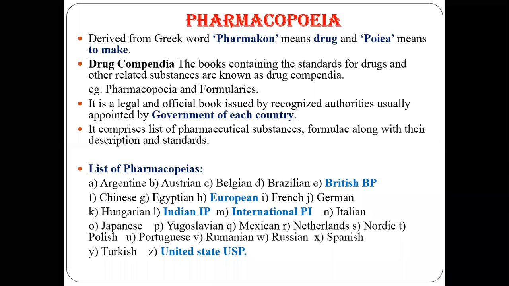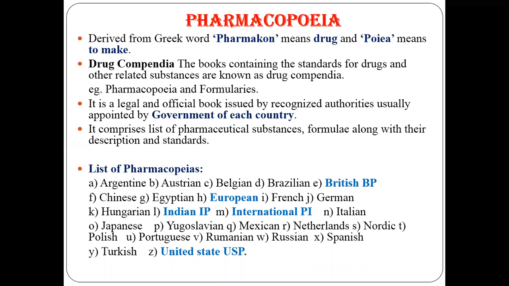Pharmakon means drug, the substance which is utilized for treatment purposes, while poia means to make or to prepare. So pharmacopoeia means nothing but the preparation of the drug.